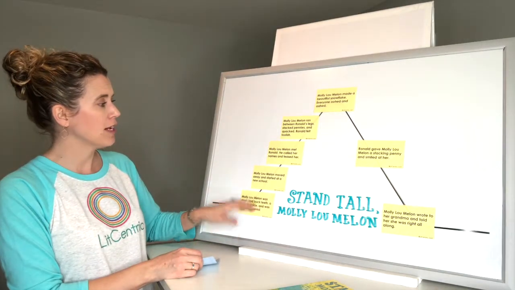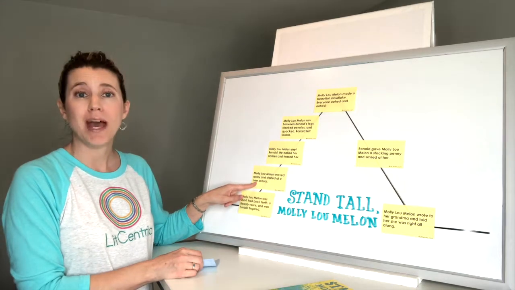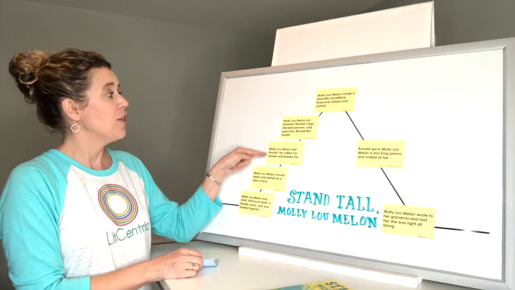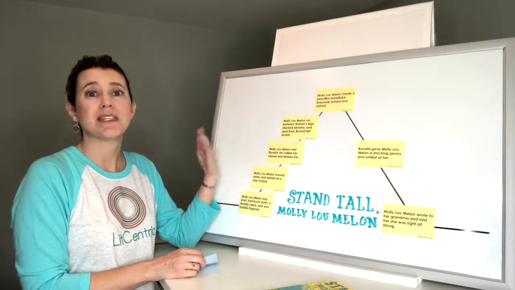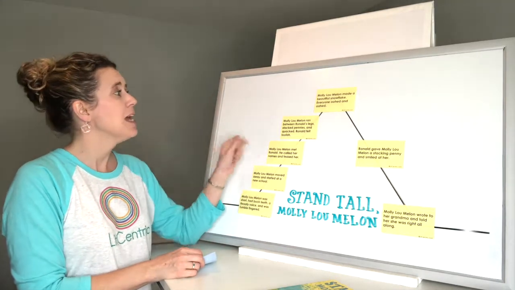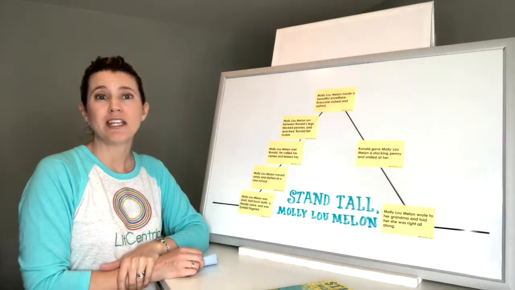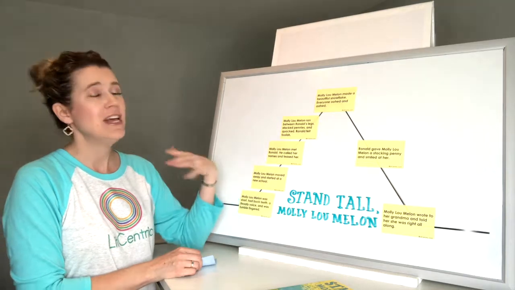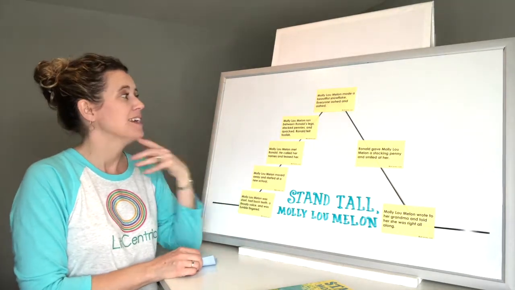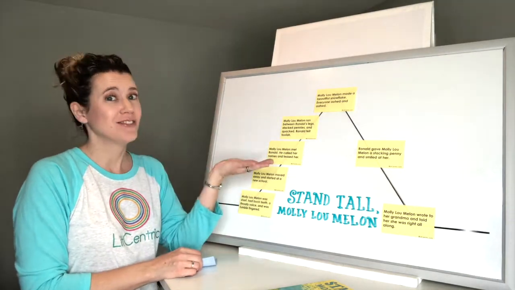After we learned about Molly, we learned that she had to move away and started a new school. Then in the story, she met Ronald, and he calls her names and teases her and treats her terribly. And then we learn some of the things that Molly Lou does in response to that. She runs between his legs during football, she stacks pennies, she quacks, and Ronald Durkin felt very foolish.